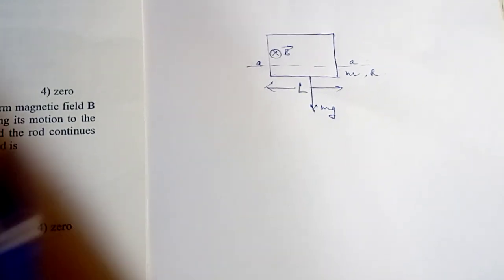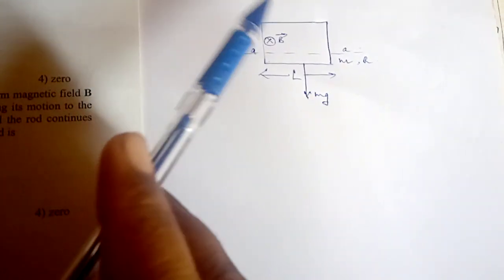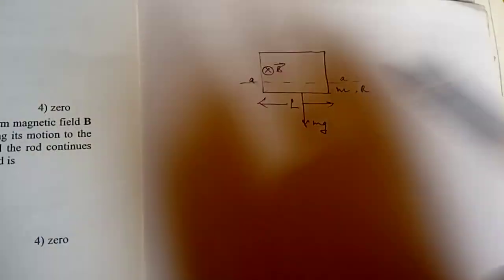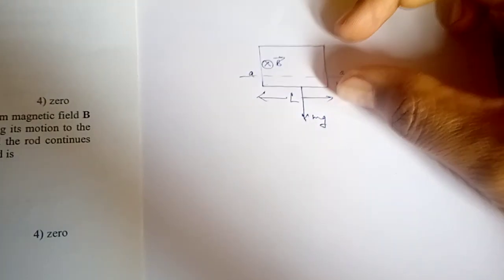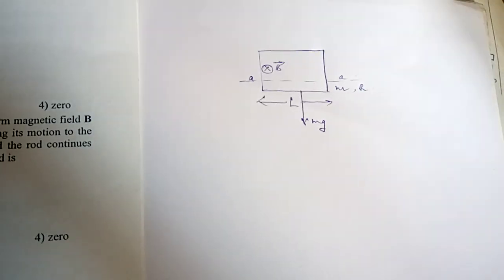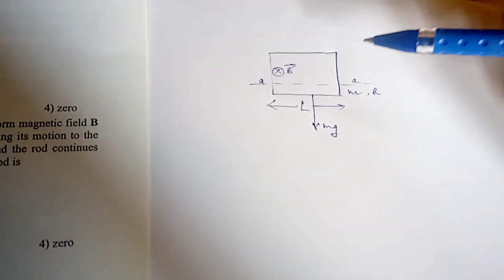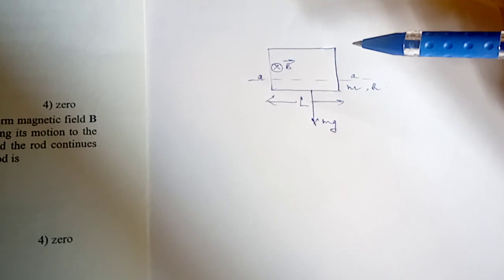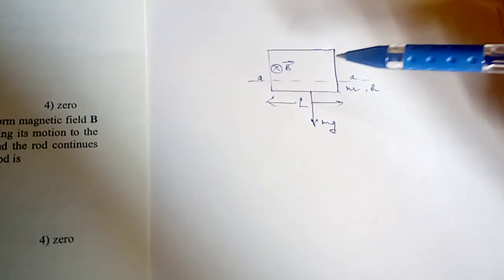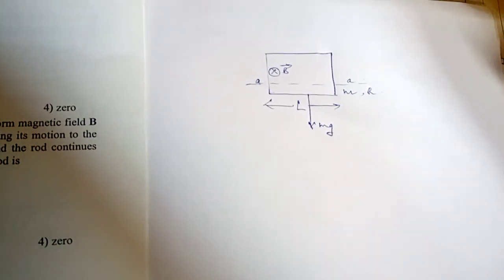That's the question. As the loop moves downwards, the magnetic flux through this loop decreases, and according to Lenz's law, the EMF should be induced in such a way that it tends to oppose the decreasing magnetic flux.